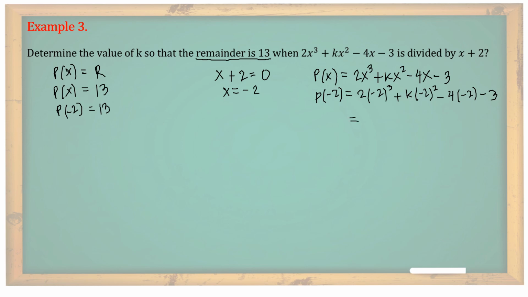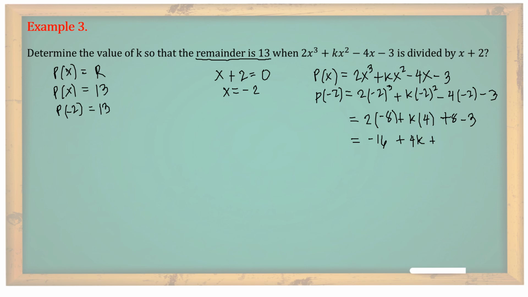I-simplify muna natin pala to. So, ito ay magiging 2 times negative 2 cube is equal to negative 8. Right? Okay, negative 8 plus k times 4 minus, negative 4 times 2 is positive 8 na yan, minus 3. So ito, 2 times negative 8 is negative 16 plus 4k, 8 minus 3 is 5.